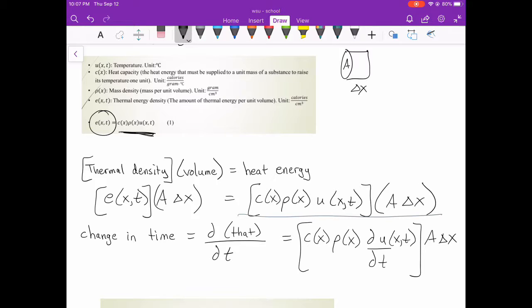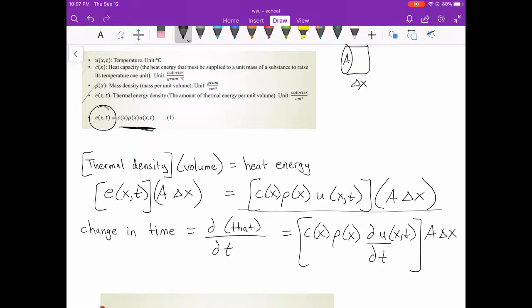And then as far as how the units for that work out, the heat capacity is in calories per gram degrees Celsius. The density is in grams per cubic centimeter. The time derivative of the temperature would be degrees Celsius per second.